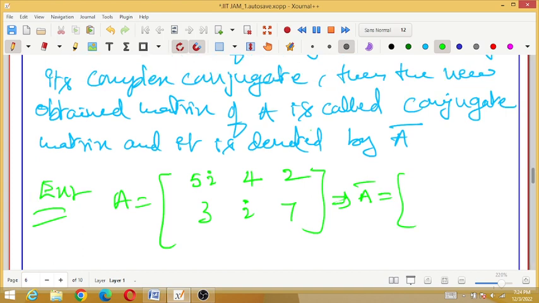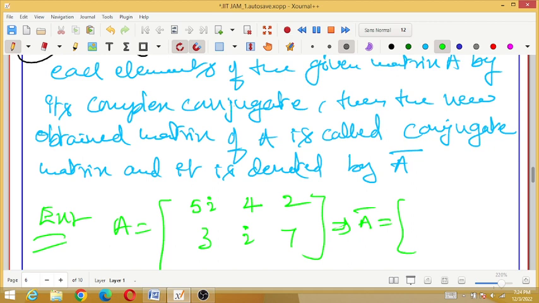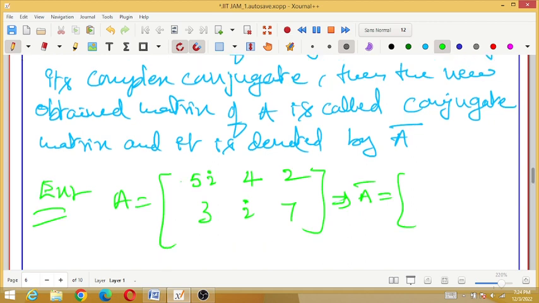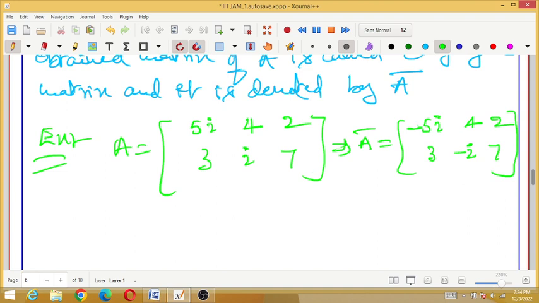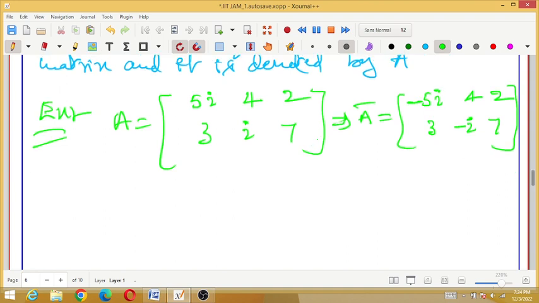So what is this? Complex conjugate. Complex conjugate means 5i becomes minus 5i, remaining real values will come as it is, 3, i becomes minus i, 7 will come as it is. This is a conjugate.